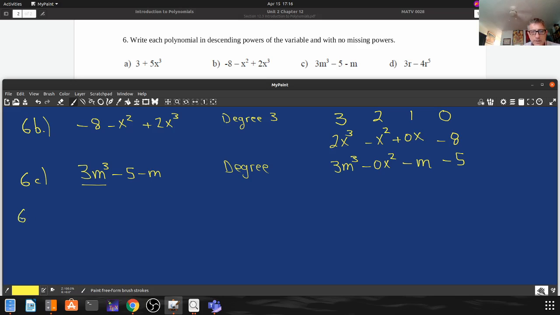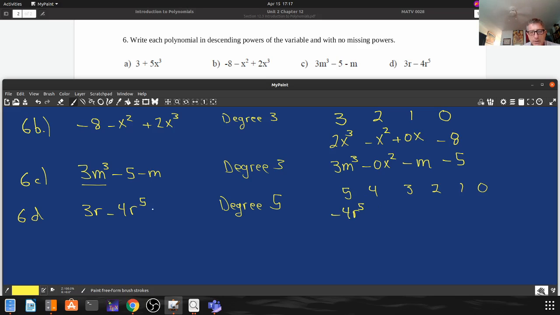And 6d, I have 3r minus 4r to the 5th. So this is a degree 5 polynomial in the variable r. So I have to have a 5, 4, 3, 2, 1, 0. So the highest degree, always notice, the highest degree always has to have something underneath of it. So that's minus 4r to the fifth.